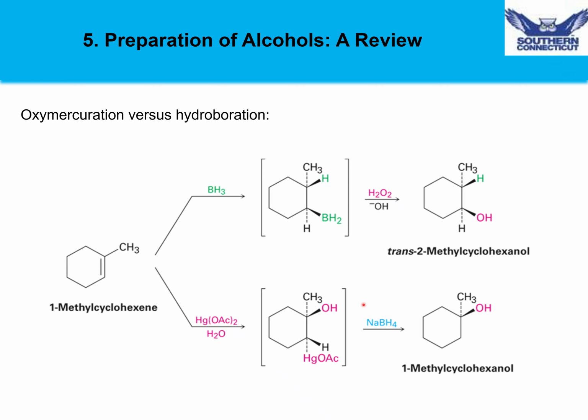If we then follow that up by sodium borohydride, it would convert this mercury acetate into a hydrogen. As a result, we end up with 1-methyl-cyclohexanol due to the Markovnikov addition of the hydroxyl group. Compare that to the anti-Markovnikov addition of the alcohol group in the hydroboration.